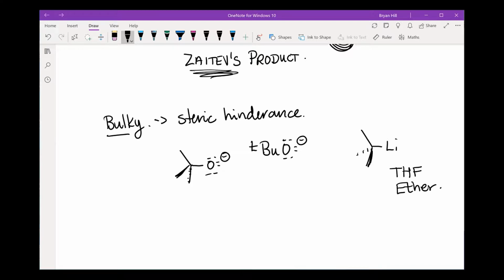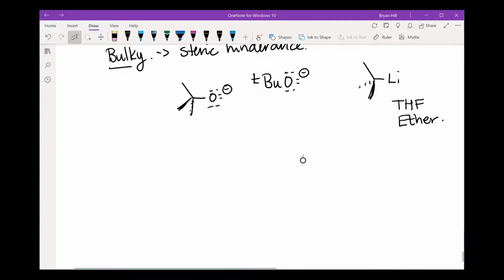Those are two. Another one would be these guys here. The ring size can vary, so I'm just going to draw little loops. These are DBU and DBN, and these are nitrogen-based bulky bases. But tert-butoxide is probably the one we'll see the most.